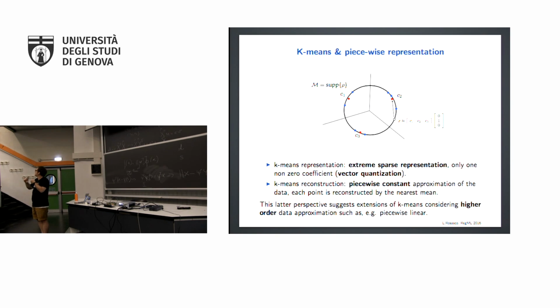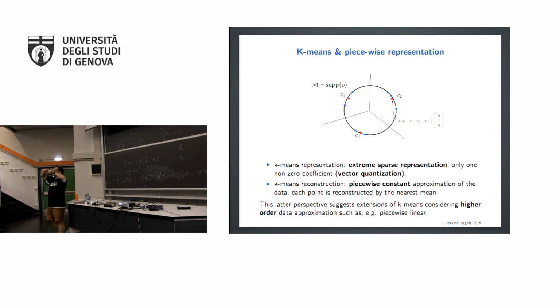And how does the coefficient vector look? It has only one entry different from 0, and that one entry is actually equal to 1. So it's a super sparse representation. When you reconstruct, each point is going to be replaced by whom? By the closest center after the minimization, okay? So this means that when you approximate this thing, it's very similar to what?